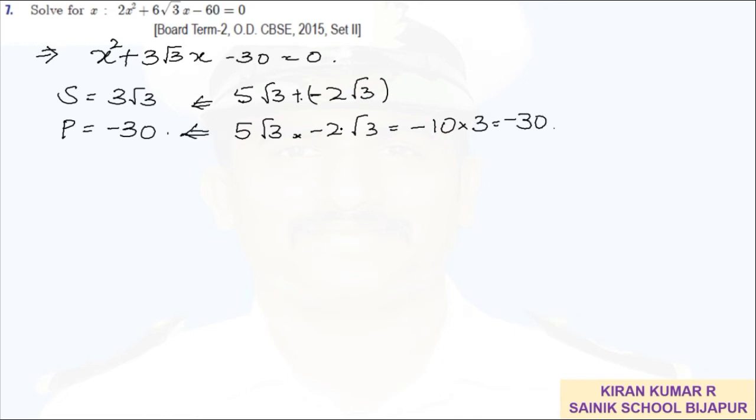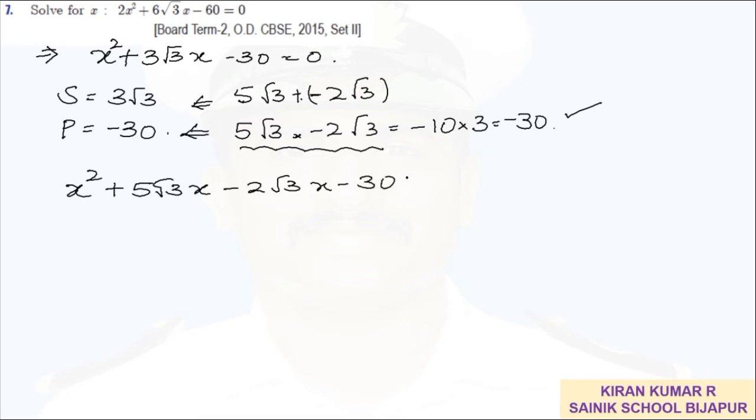So this is how you have to guess this. This step is very important. So x square plus the middle term, I'll write it as 5 root 3 times x minus 2 root 3 times x minus 30 equal to 0.